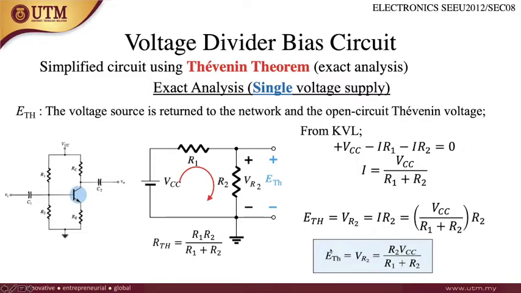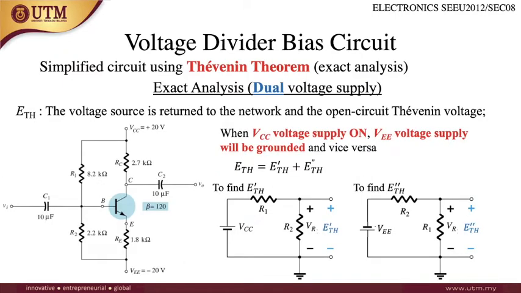All right. Next, let's look at what will happen if there are 2 voltage supplies. For example, from yesterday's example number 2, if I'm not mistaken, there are 2 voltage supplies, VCC and also VEE. This is positive 20 and this is minus 20 volts. If there are 2 voltage supplies, there is one condition that needs to be fulfilled, that you have to memorize.